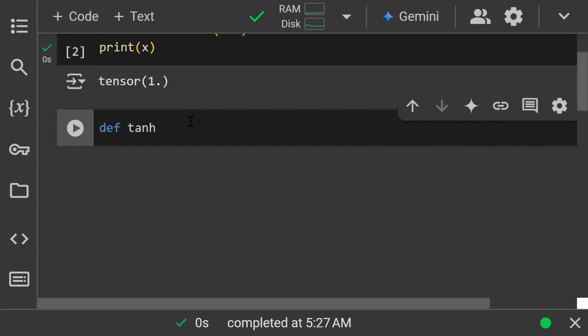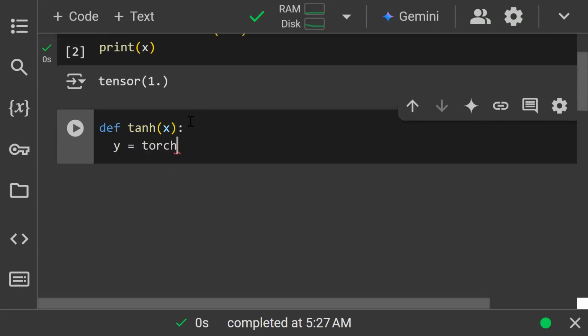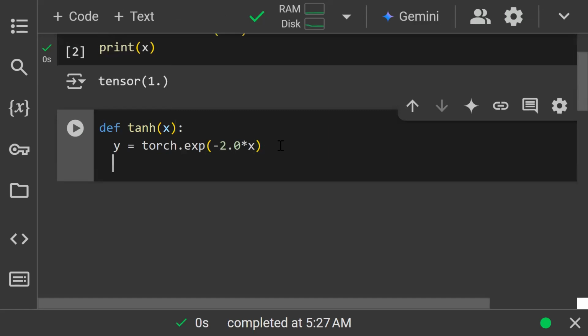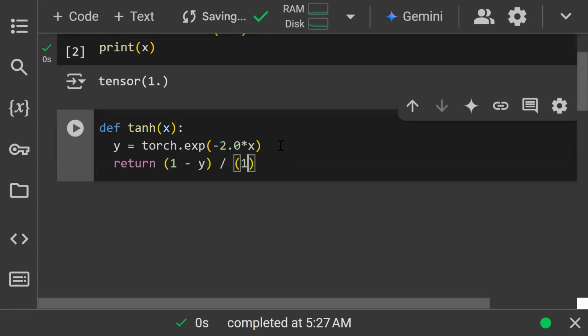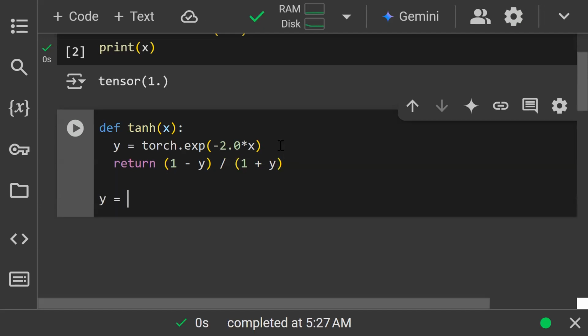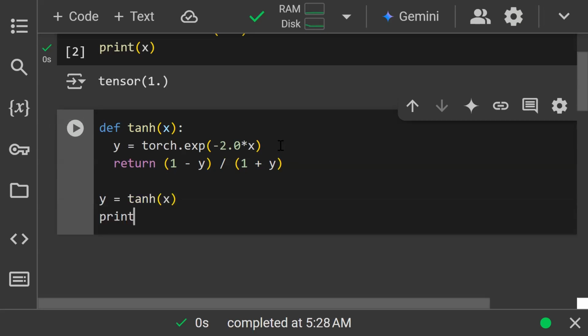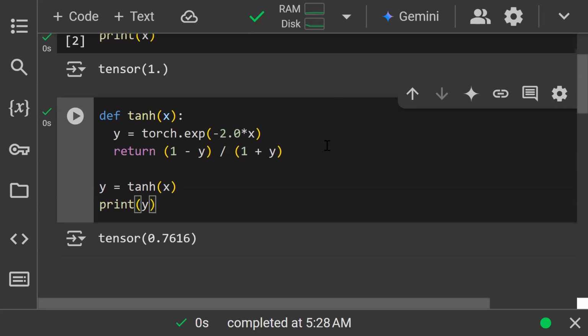We'll define our own version of tanh, which is the exponential of minus 2x, and do this. So as a result, we get 0.7616.